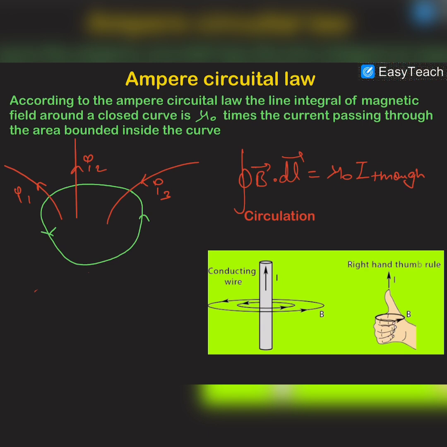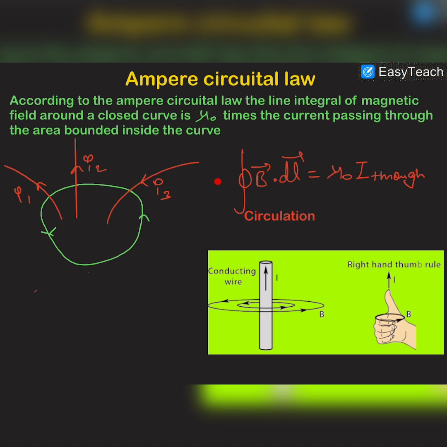In this video, we are going to discuss Ampere's circuital law. It says that the line integral of the magnetic field around any closed loop is mu naught times the current passing through the region bounded inside that loop.